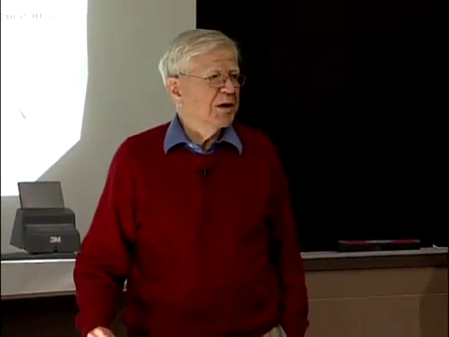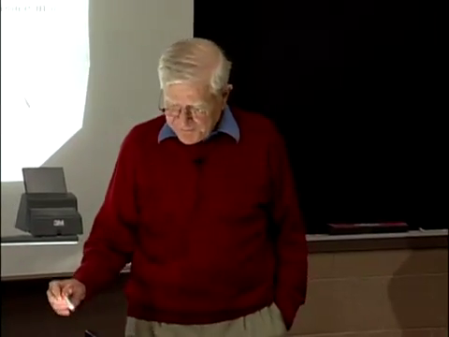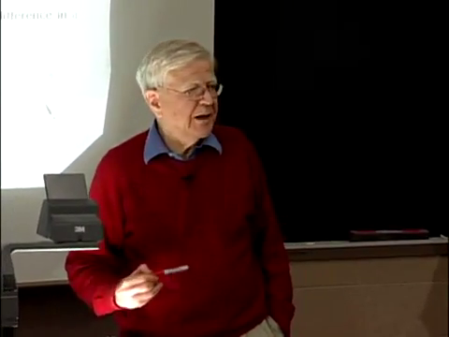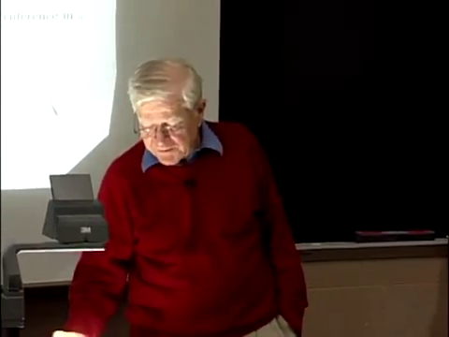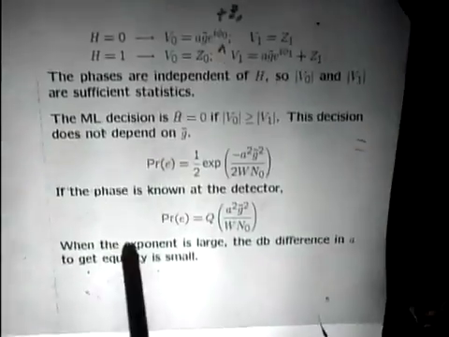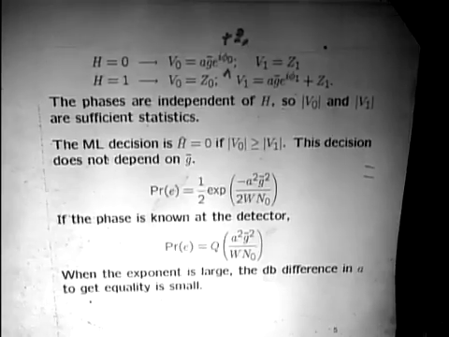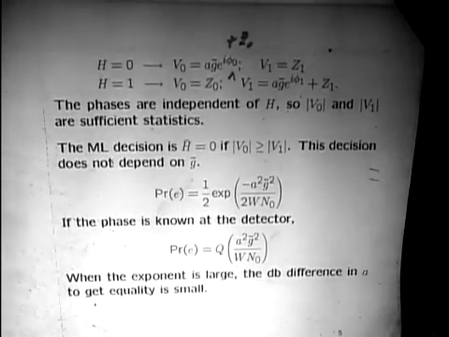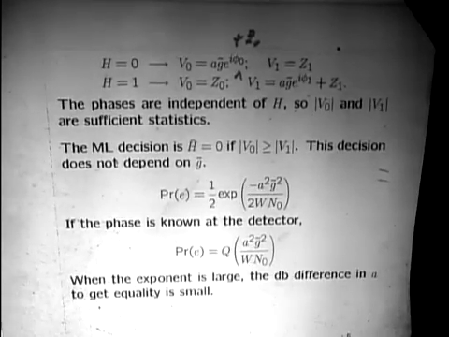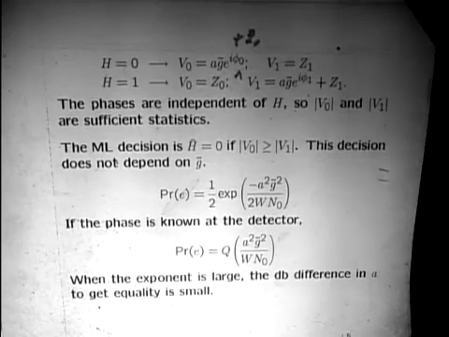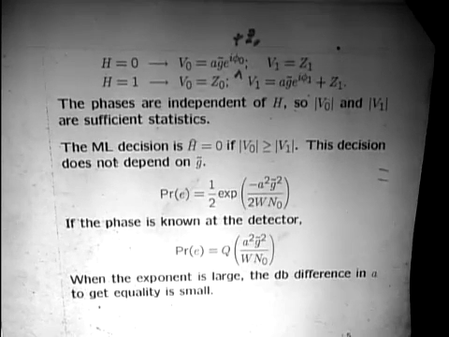Okay, so now we have this very peculiar situation where incoherent detection with a known value of channel is almost as good as coherent detection is. But at the same time, Rayleigh fading gives this awful error probability.